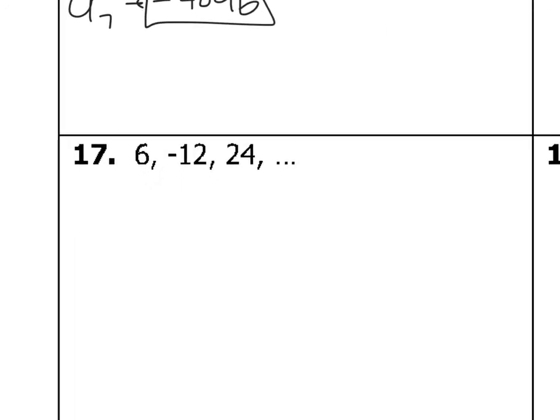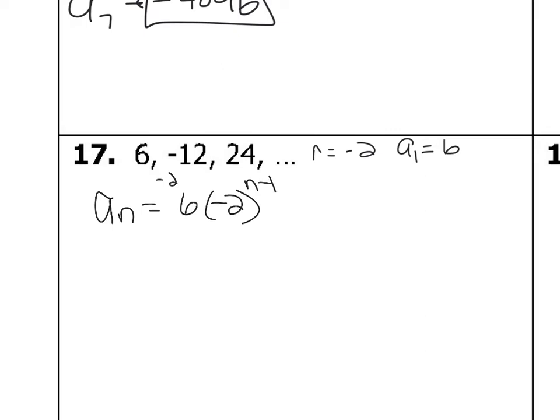-12 divided by 6 is -2. Same thing for 24 divided by -12. So my ratio is -2. Term 1 is 6. So my formula for this sequence is 6 times -2 to the n minus 1.